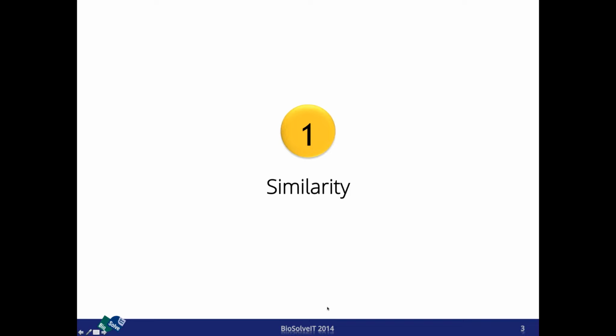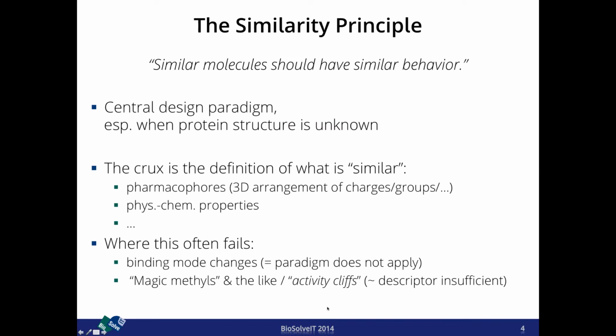Okay, let's start with similarity and the similarity principle. So the central design paradigm in ligand-based drug design is the assumption that similar molecules should have similar behavior. Now, of course, the question is, what is actually similarity? What is similar? When is a compound similar to another compound?